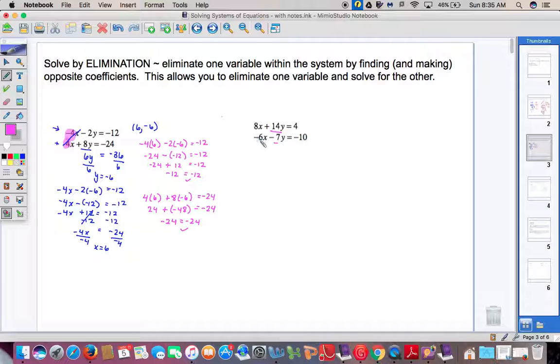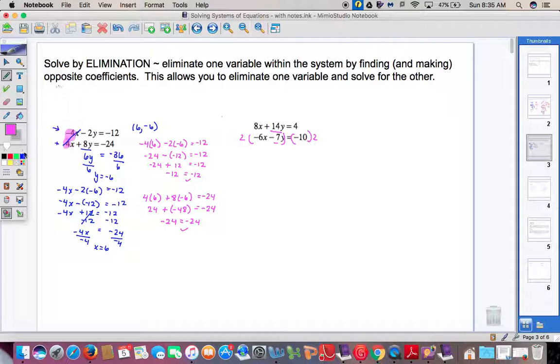Now if I multiply my second equation through by 2, I will have opposite coefficients. But remember, whatever you do to one side of your equation, you must do to the other as well. So if I'm going to multiply my second equation by 2, I need to multiply both sides.